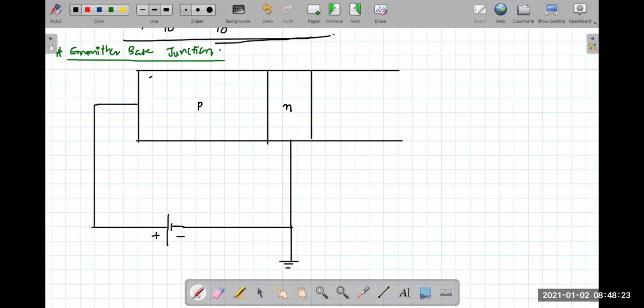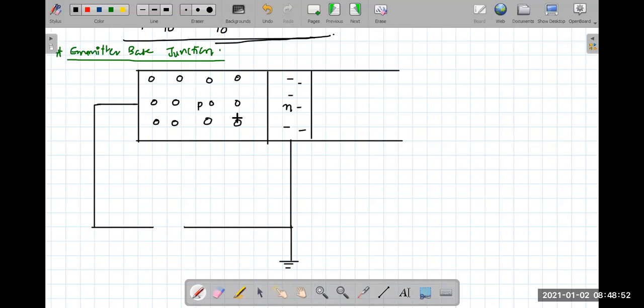The reason is that this is a P region, which has an excess number of holes, and we want to transport these holes to the N region. Even if I did not forward bias it, what must happen? This is a P region, this is an N region. The N region has an excess number of electrons.